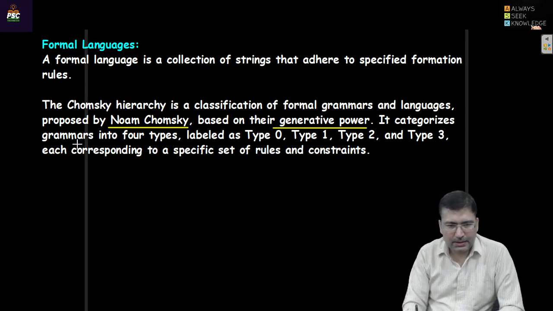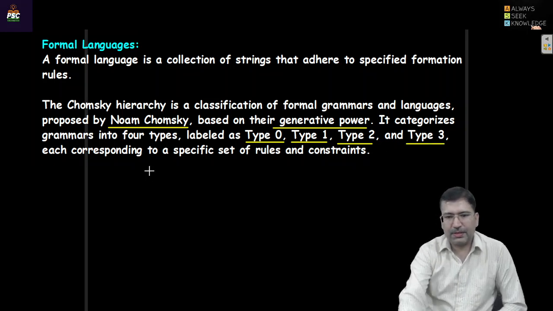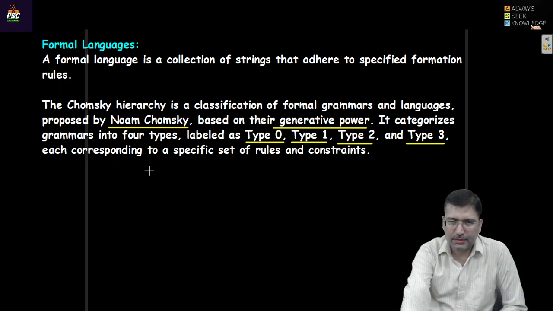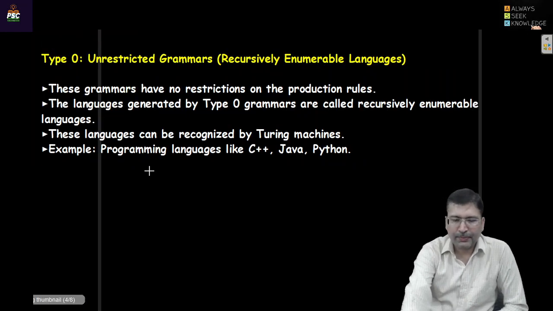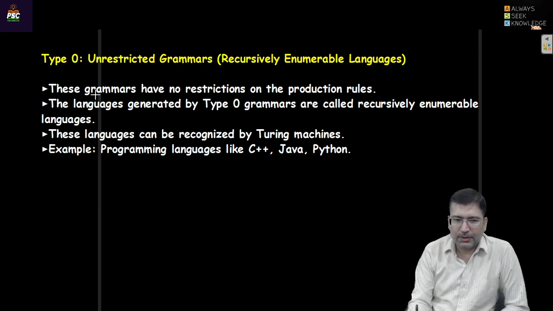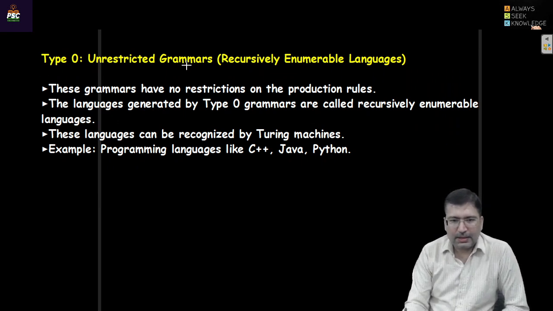So based on the language generative power, Noam Chomsky has classified languages into 4 different types. It categorizes grammars into 4 types labeled as type 0, type 1, type 2, and type 3, each corresponding to a specific set of rules and constraints. So there are different types of constraints in each type of language. Now let's discuss type 0 first. This is considered unrestricted grammar, recursively enumerable language. These grammars have no restrictions on the production rules.